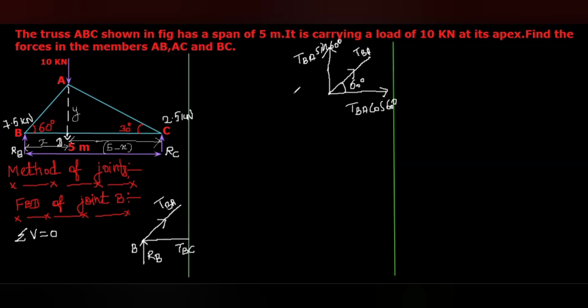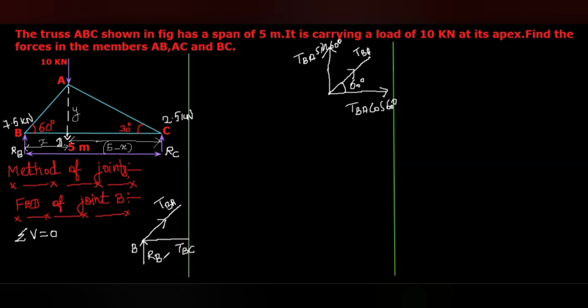But if you consider this TBA is acting outwards from the point B, in the first quadrant, then the TBA sin 60, the resolved vertical component, will be upwards.